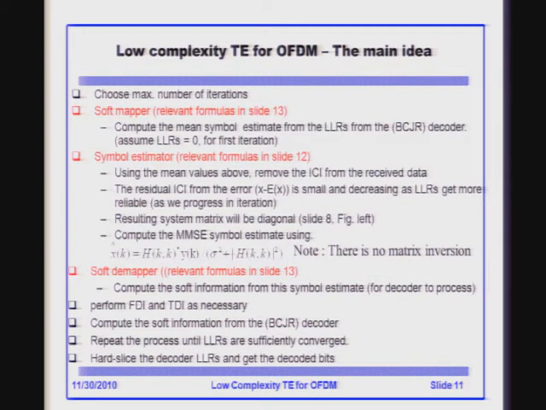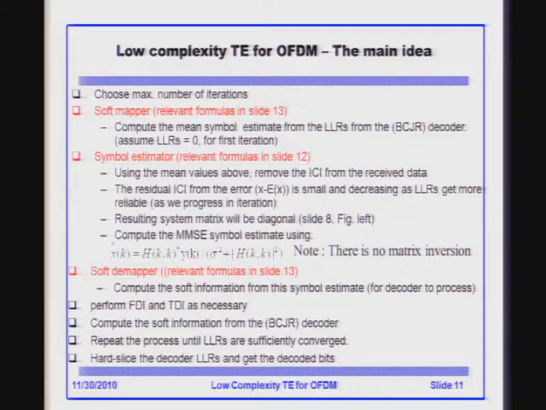So we have seen that the key observation is that, and this is by far the most important slide, as we progress in iterations, we get more and more accurate mean values. So what we do is, using the mean values, you compute the interference.